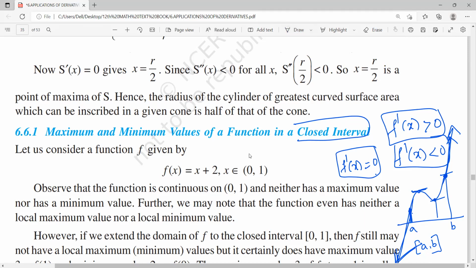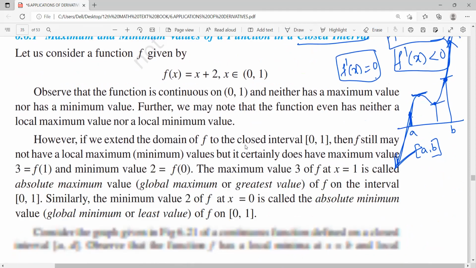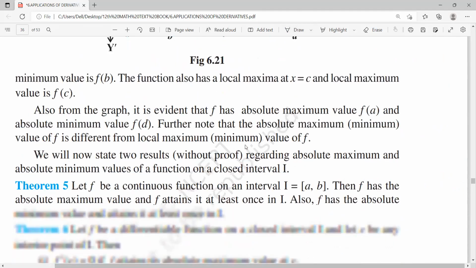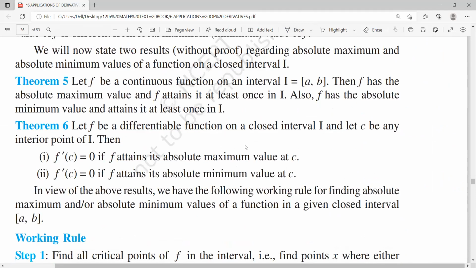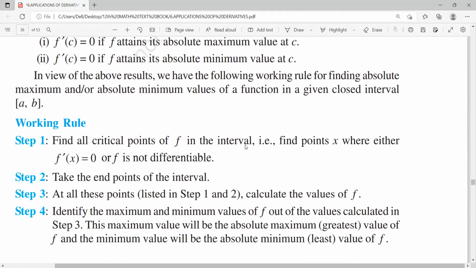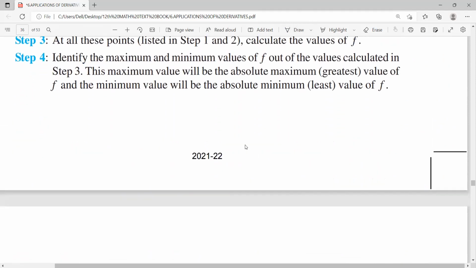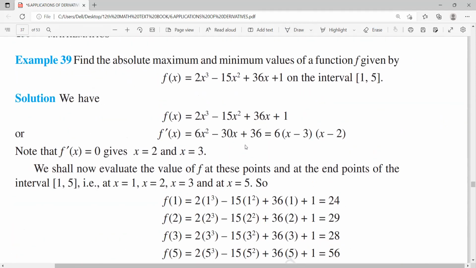Okay, then we'll go to the exercise. This is what he gave, whatever I told you. The working rule for that is given. This is an example.